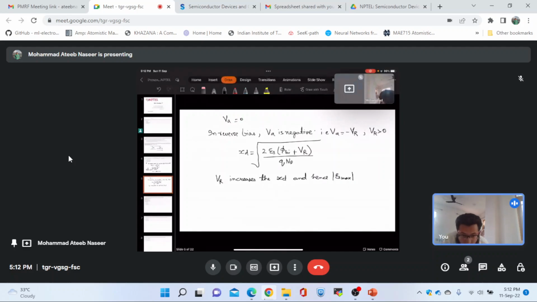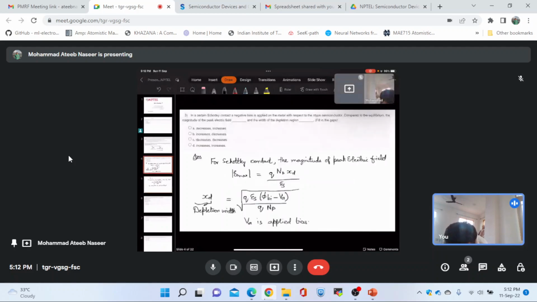So we can simply say that in this case, the peak electric field and the depletion width both increase.